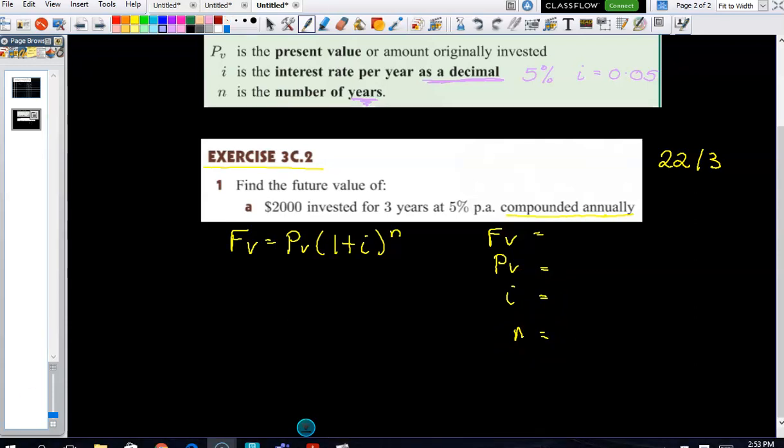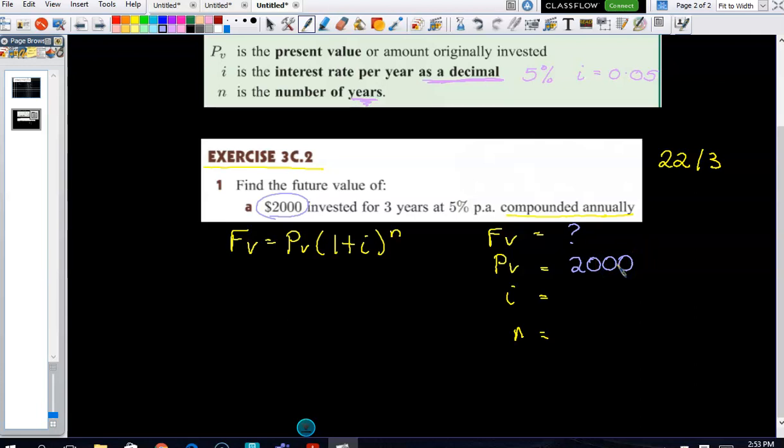So, find the future value. So that's our question mark. What did PV stand for again? Principal, present value, what we have now. So we are investing $2,000 now, so that's my $2,000, if only. What are we putting for the I?